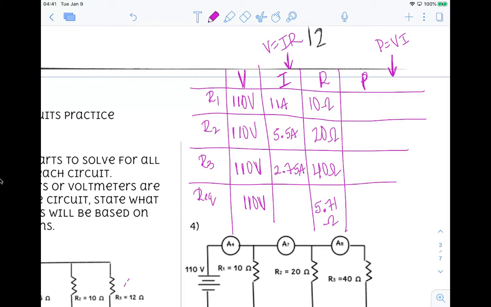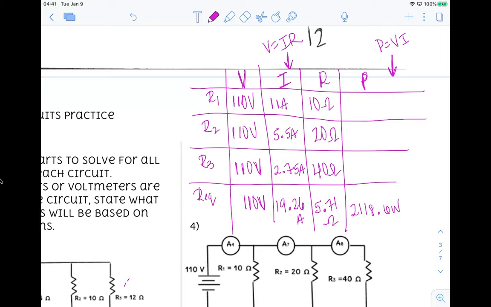And lastly, for our total current, we end up with 19.26 amperes. Solving for our total power, let's work backwards actually. If we want to solve for our total power, why not? We end up with 2,118.6 watts.